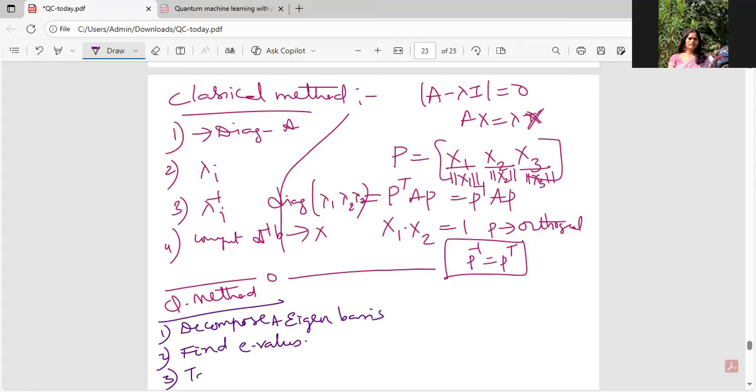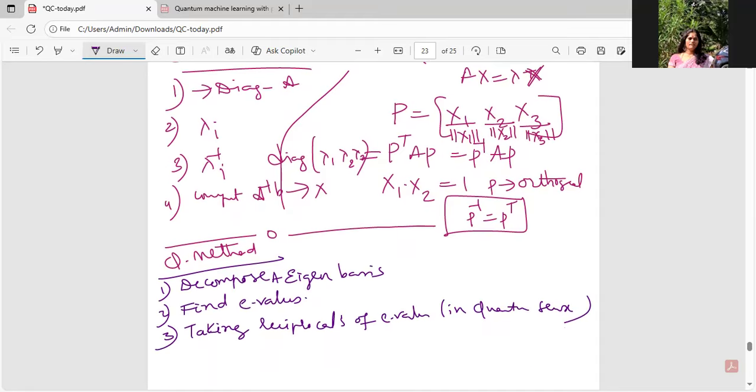Of course, it's all about taking the reciprocals of the eigenvalues, but in a quantum sense. Reciprocals of eigenvalues in the quantum sense, I will write so that you are clear.